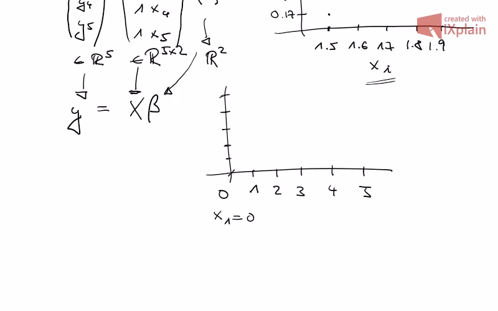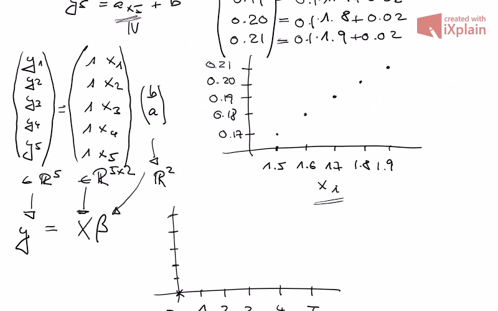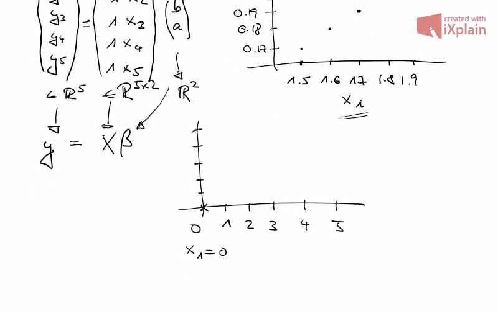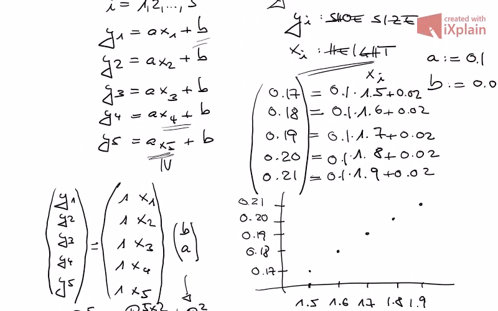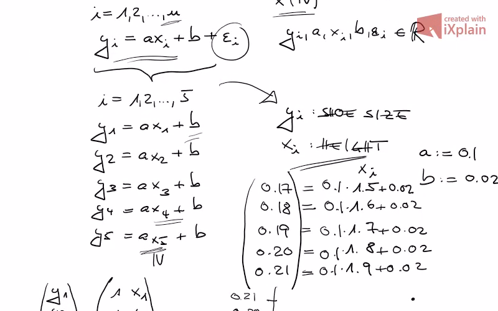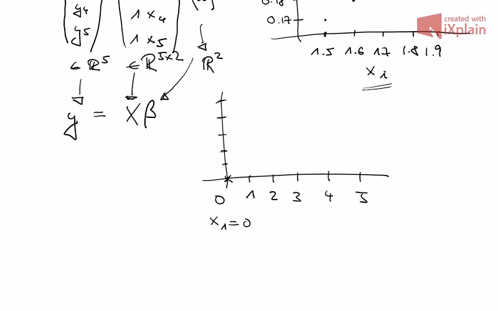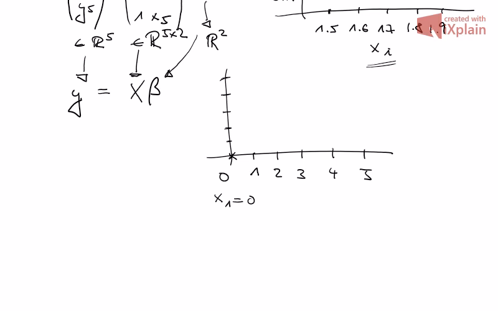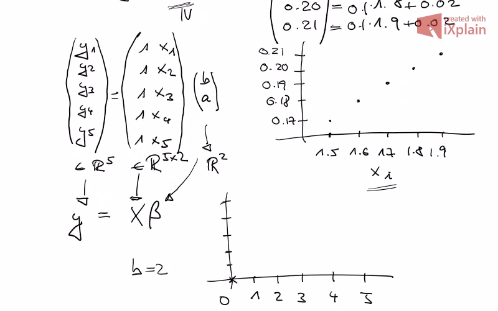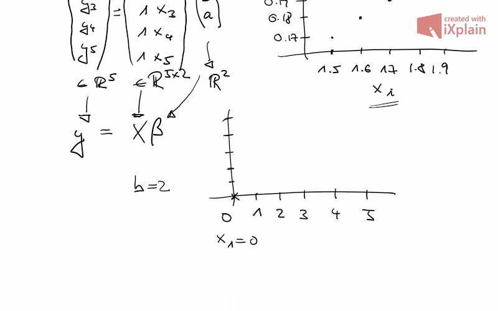So the line that you would come up with always starts at 0. However, the simple linear regression equation says there is this plus b. Now, if this b is not 0, so for example b equals 2, then for this point where you do a times x1 and x1 is 0, you already are at 2.